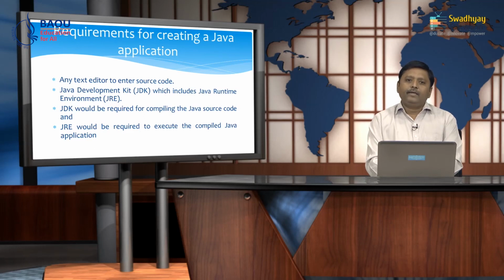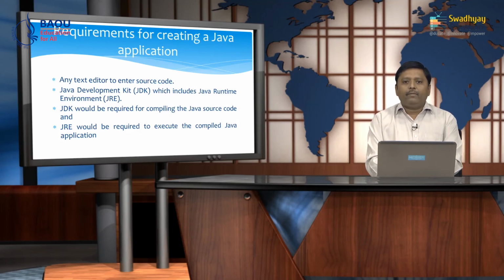Another requirement is Java development kit. So, you need to install Java before running your Java application, and you also require Java runtime environment which is JRE. So, JDK and JRE are needed for your program. JDK is for writing your application and JRE is for running your application.